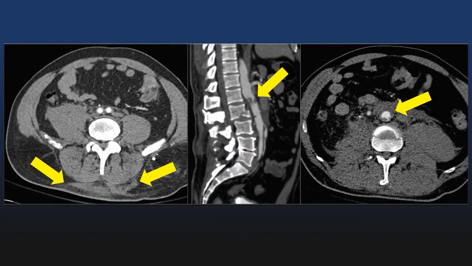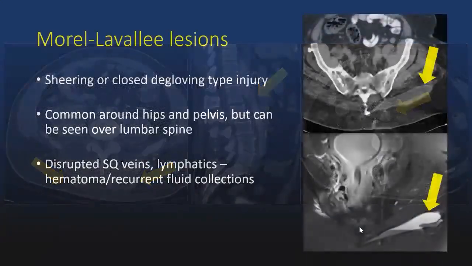Here's another trauma patient with abdominal wall findings. In this case, there is a high-grade injury to the infrarenal abdominal aorta with a surrounding retroperitoneal hematoma. There's at least an anterior column spine fracture, and then in retrospect, this diagnosis wasn't made prospectively, but there's infiltration of the fat posterior to the lumbar spine, which is a common place to observe degloving injuries, which was later diagnosed in this patient.